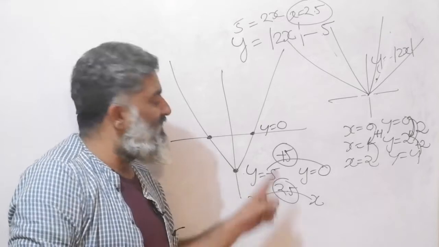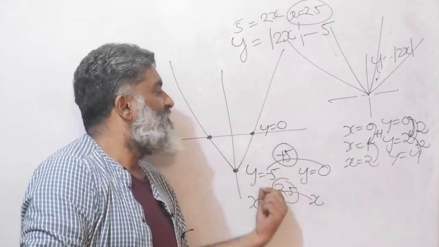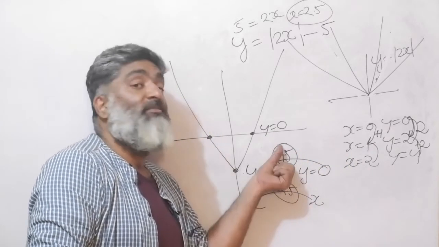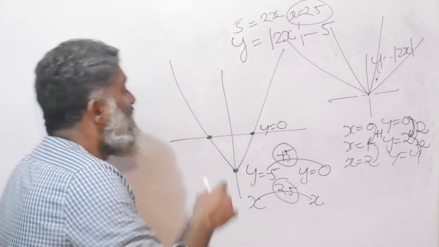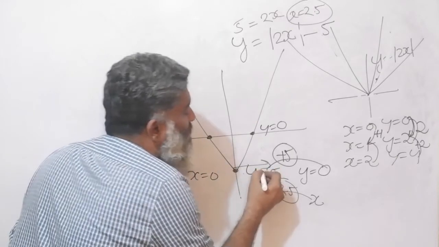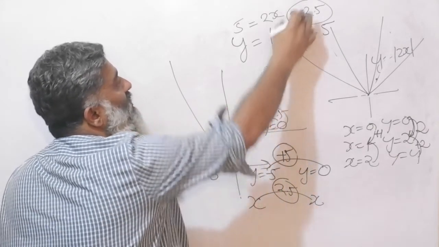So get that idea clear, and then you just have to think backwards, okay? If the slope is 2, that means for 1 unit change here, you will get a double change here. So if there is a change of 5, that means there is a change of 2.5. Now at this point, x was equal to 0. So 2.5 points on the right side, that means now x is equal to 2.5, which you already know.